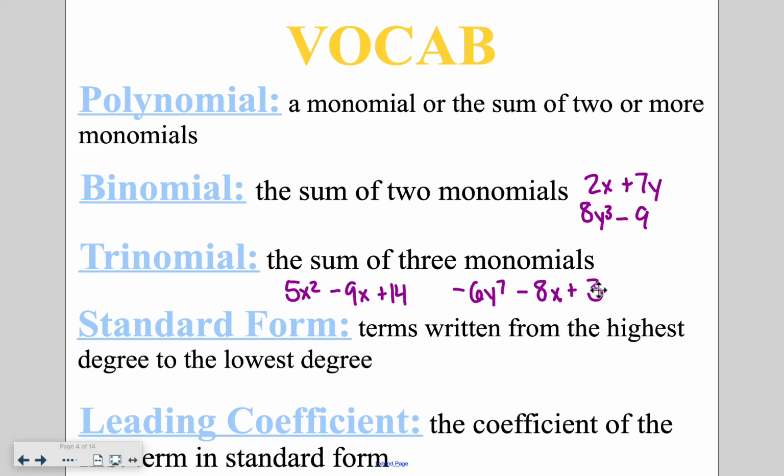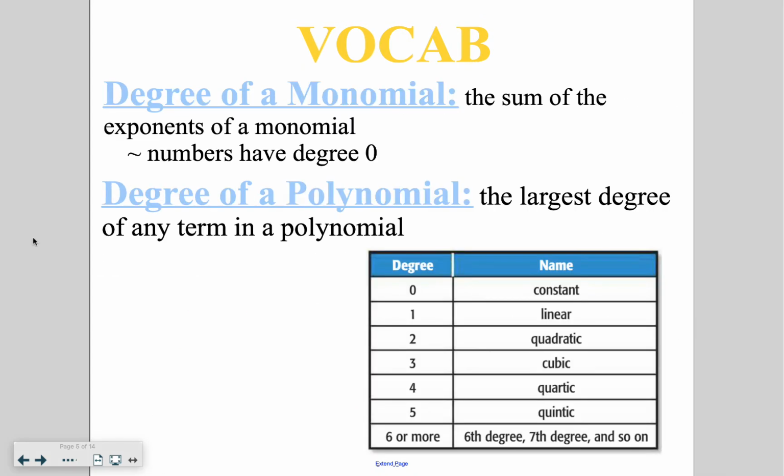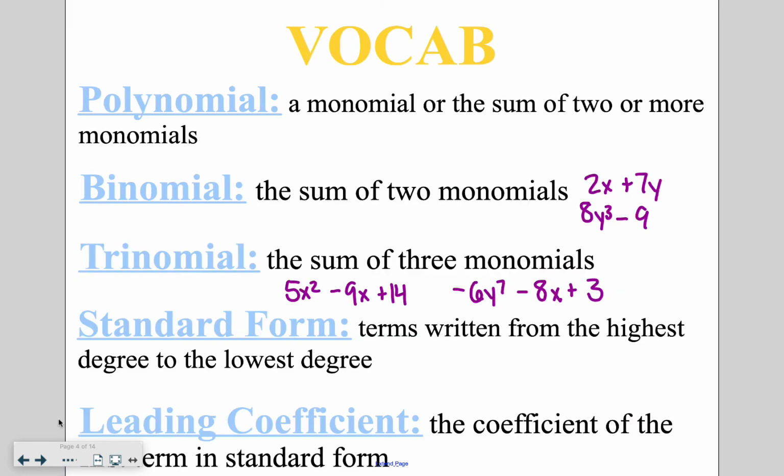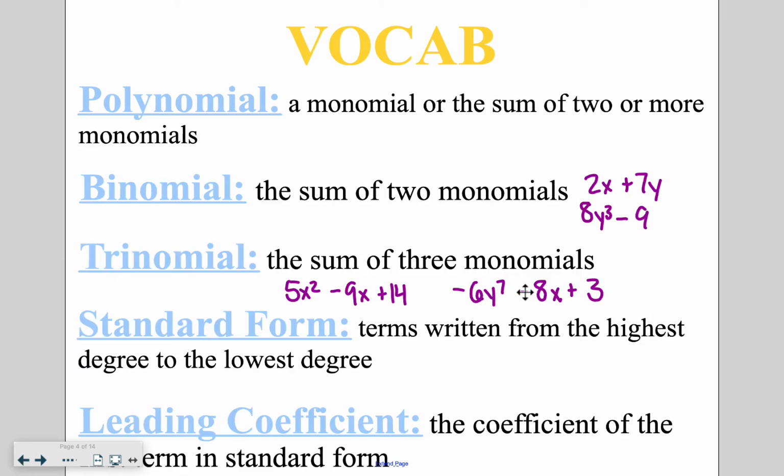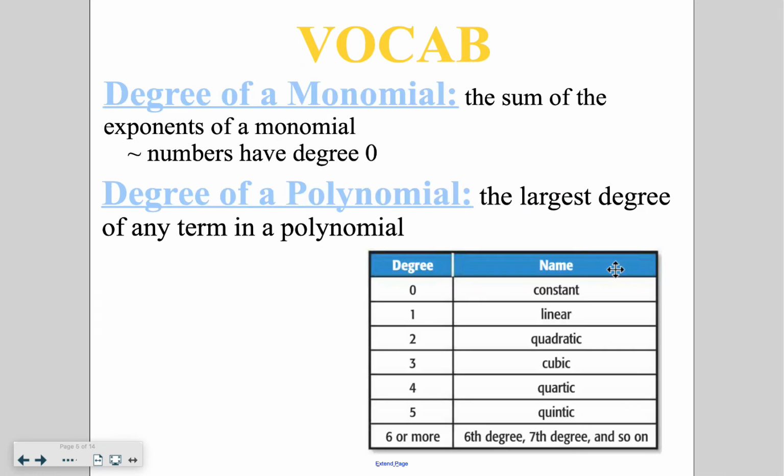Polynomials are written in standard form when the highest degree, so the biggest exponents, come first. When we are talking about those exponents, we have to look at the degree of each monomial first. So, for example, when I gave you the negative 6y to the 7th minus 8x plus 3, if we look at our exponents, I've got 7, and then the x has an exponent of 1, and then the 3, if it's a number, we put an exponent of 0 on it when we're talking about degree.